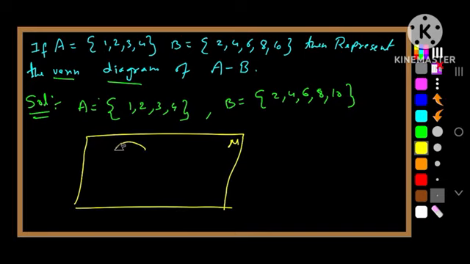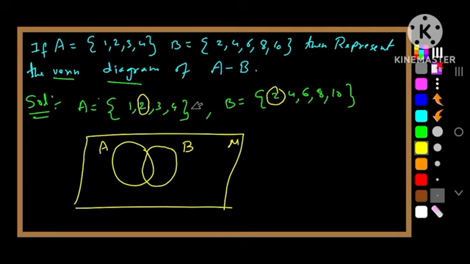So first we need set A. So what are the elements of set A? You have to write, and set B. So this is set A and this is set B. Now you have to remember here in this common intersection, you have to write the elements which are same in both the sets.